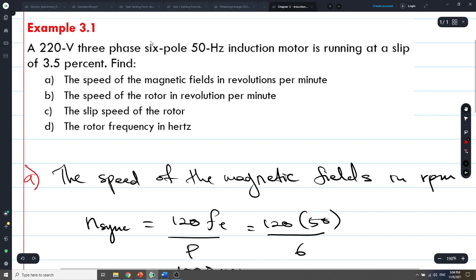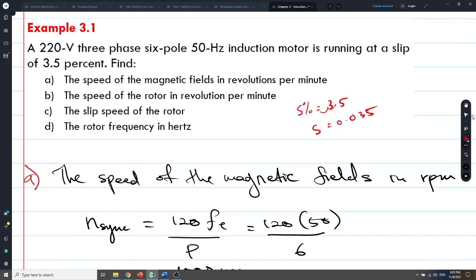Number of pole given, with the 50 Hz induction motor running at the slip of 3.5%. So boleh perasan tak kat sini dia tulis dalam percentage. So 3.5 is the slip percentage, slip equal to 3.5 divided by 100, which is 0.035. So this is the slip.